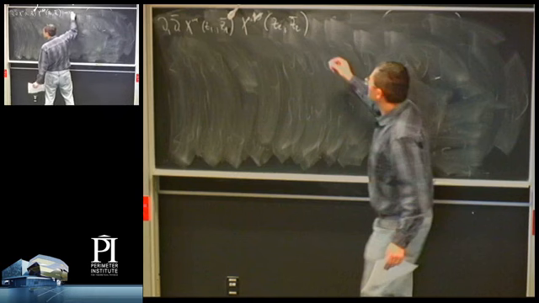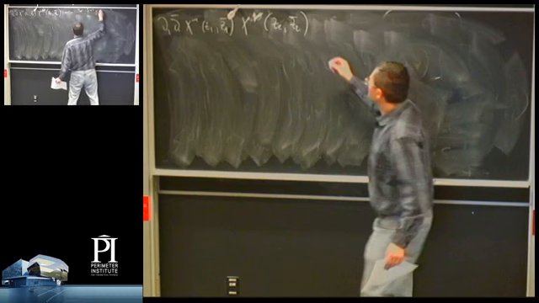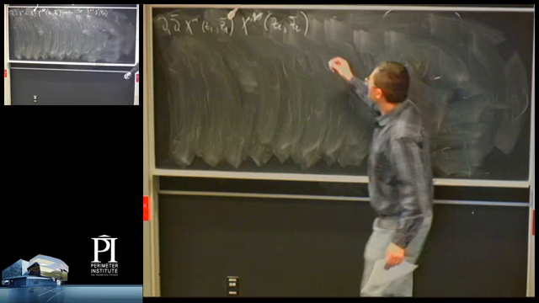So this is minus pi alpha prime times eta mu delta function z12, where z12 is just the difference between the two points.